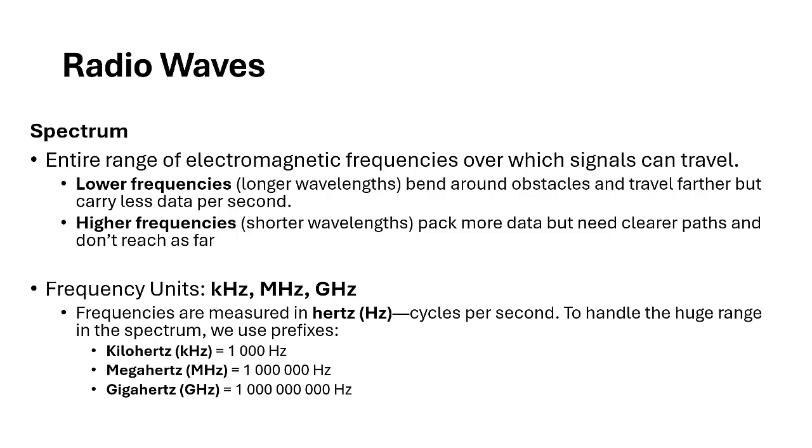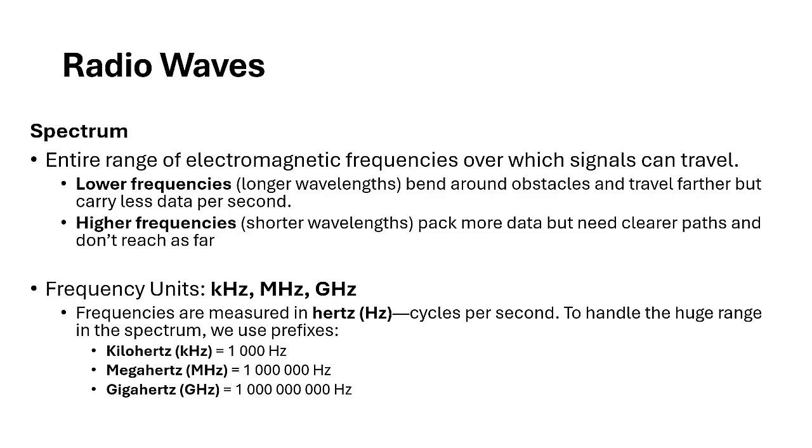The lower frequencies are like slow, steady trucks, the big, slow trucks you see on the highway. They can go a really long way and go around obstacles like buildings and hills without much trouble. On the other side, higher frequencies pack more data. They are like sleek, fast sports cars, and they can carry a massive amount of data very quickly, but they need a clear open road.